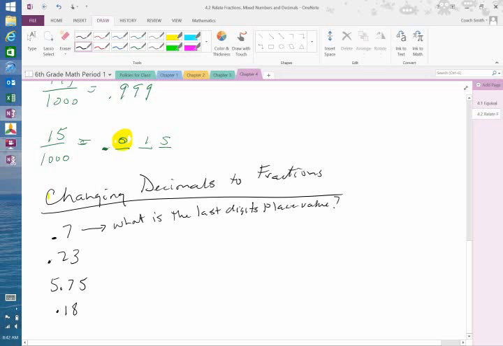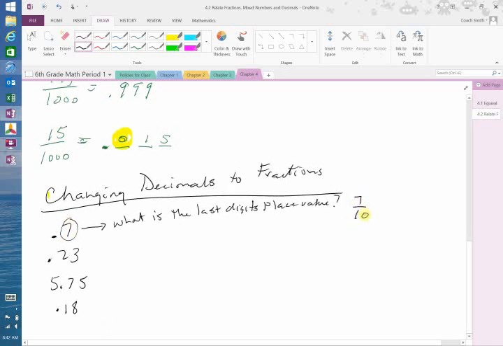In this problem, what is it? Tenths, yes. It's the tenths place value. So I'm going to take this number, 7, and put it over 10, because it's the tenths. 7 over 10 is the answer to this specific problem.